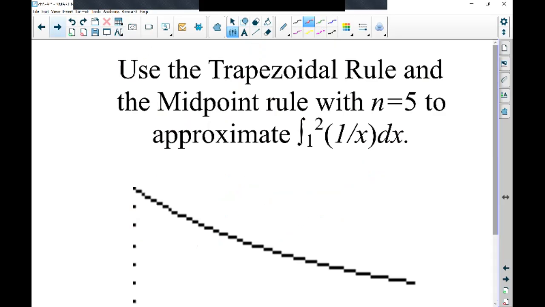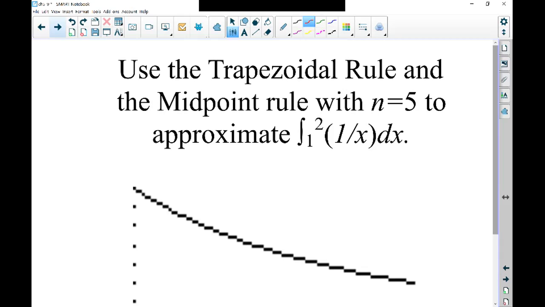All right. So we're going to do a trapezoidal rule and a midpoint rule with n equals 5 to approximate the area under the graph of the integral from 1 to 2 of 1 over x dx.